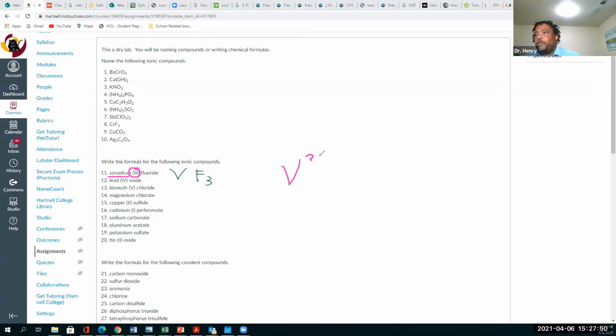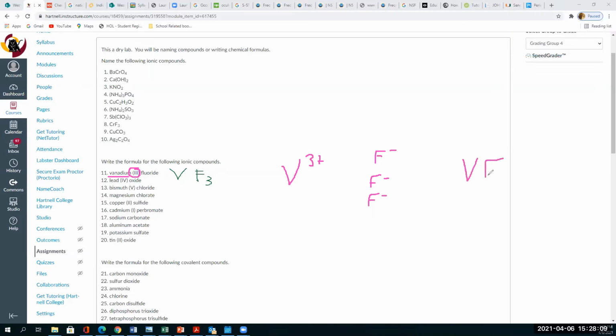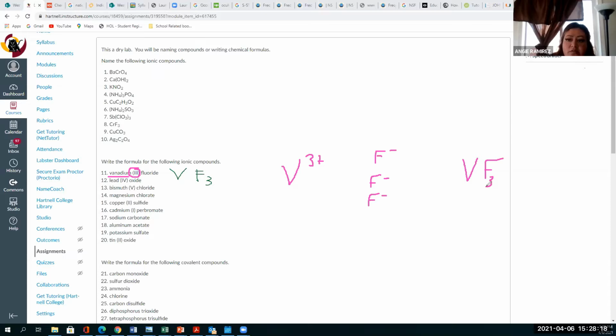Okay, so if that metal is a 3+ charge, how many fluorines do I need to balance it out? We need 3. I'll need 3 fluorines to balance it out. Okay, so then when I write the chemical formula, what was that, Angie?